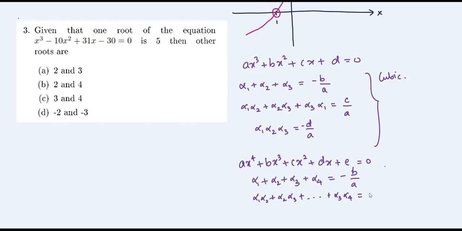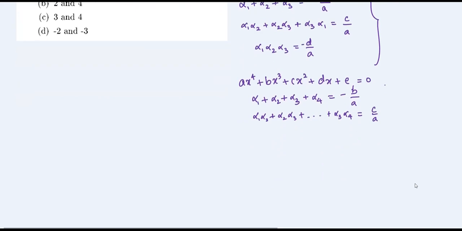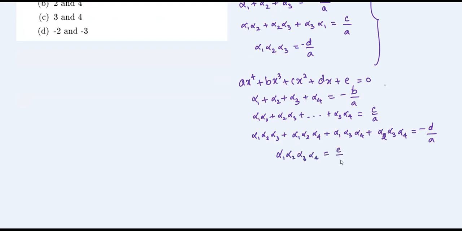I'm leaving it here. This will be c by a. Then the sum of the product of roots taken 3 at a time is minus d by a, and the product of all the roots taken together is e by a.